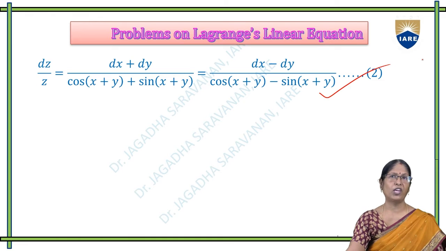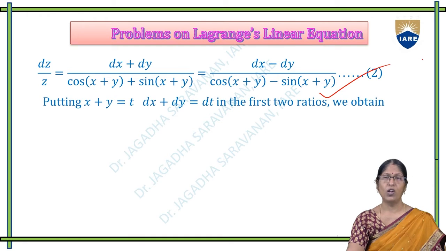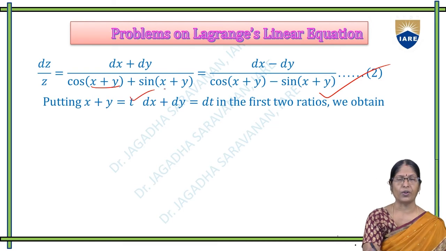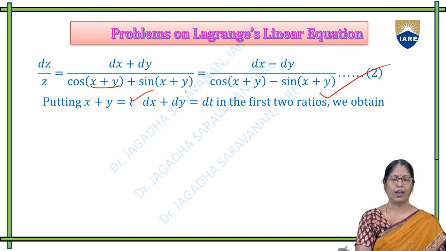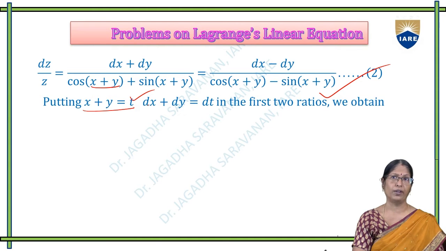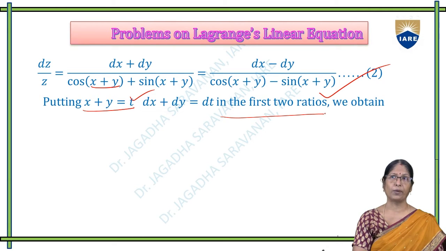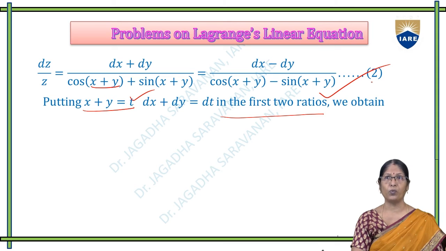So we can see equation 2. Now, for more simplification, we assume x plus y as t. Here on both sides we do the differentiation, that is dx plus dy equal to dt, and we are going to substitute in our equation 2.